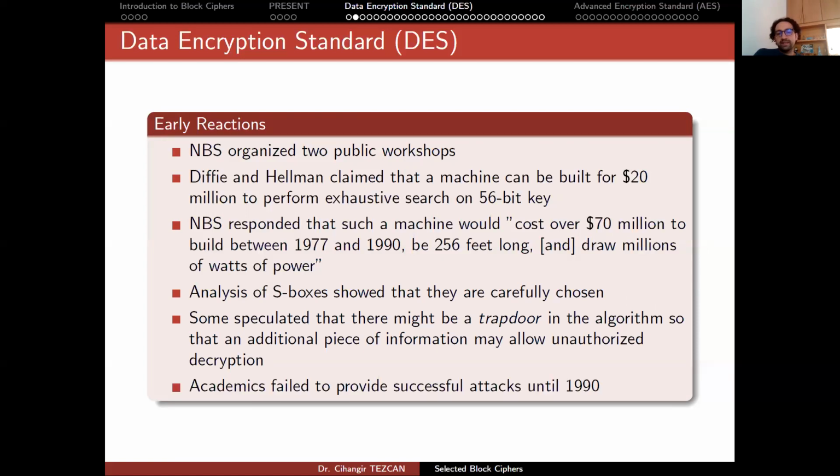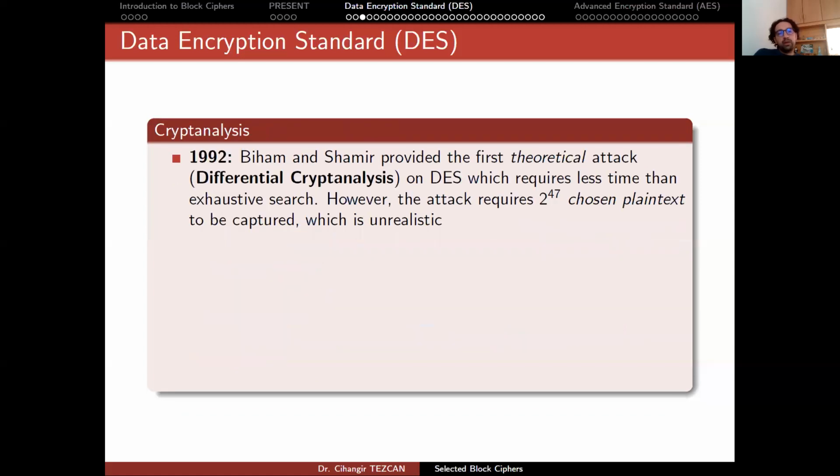Academics failed to provide successful attacks until 1990. What happened is as follows. Biham and Shamir provided the first theoretical attack, and they introduced a new cryptanalysis technique, which they named differential cryptanalysis. They use the name differential because they introduce small differences in the plaintext blocks.